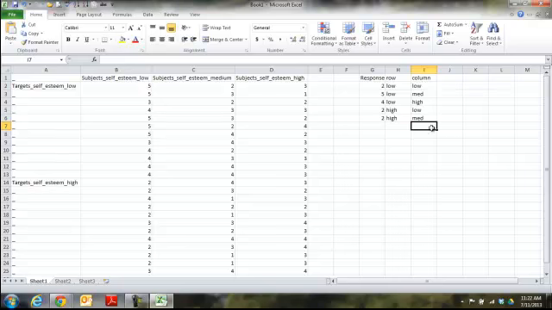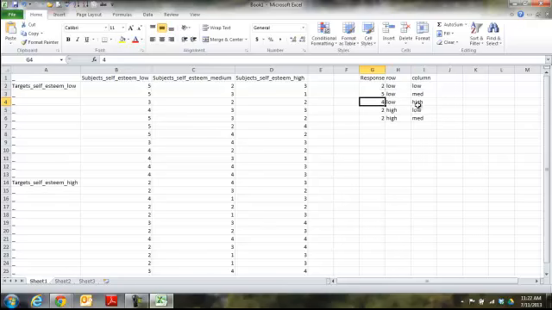Just so you understand what's going on, that means that this 2 was the response number that came when a subject with low self-esteem categorized the described subject as having low self-esteem. This 5 was the score that came from a subject who had medium self-esteem but said the described subject was low.